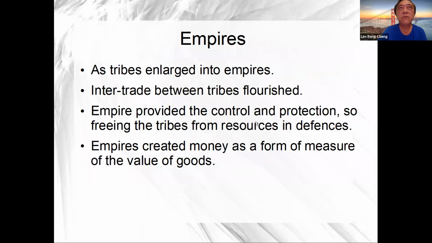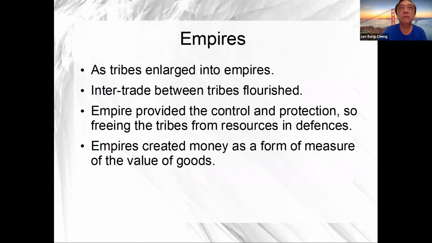So when do they need money? Only when they are large enough, such as empires. An empire is like a country, but it must be big enough so that there will be plenty of trade.